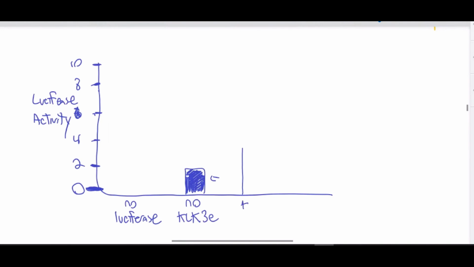Let's take a look at the plasmid with the KLK3 enhancer, let's say in the forward orientation. Forward orientation, reverse orientation, doesn't really matter.